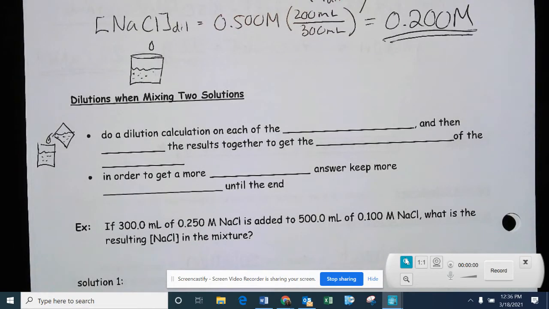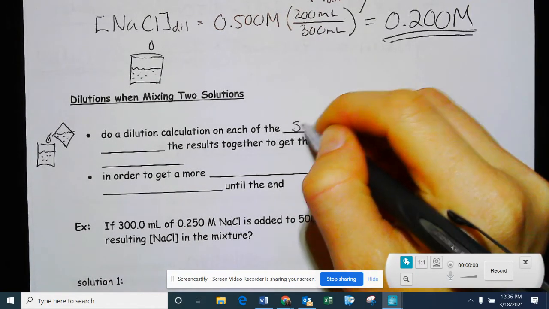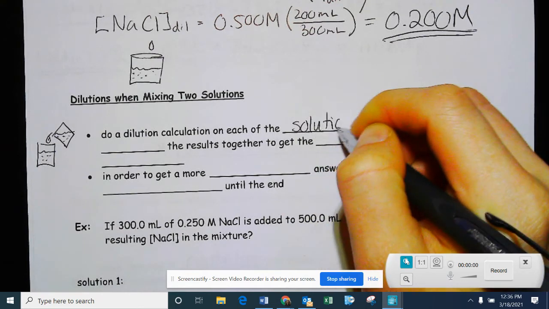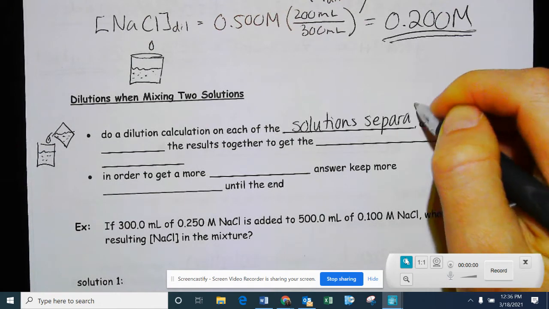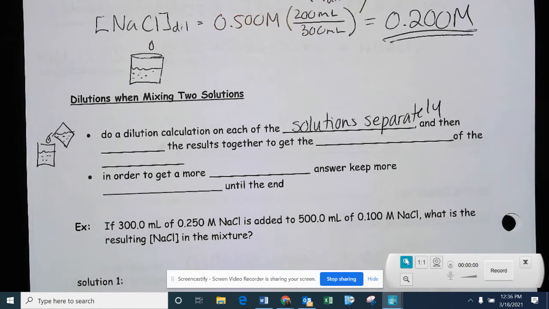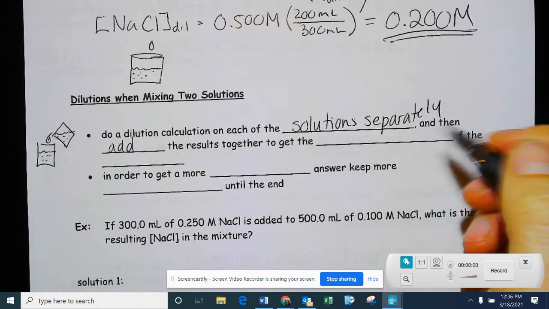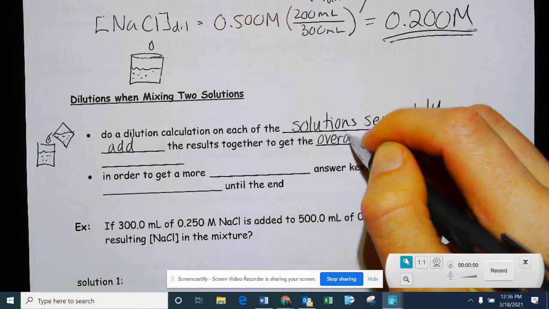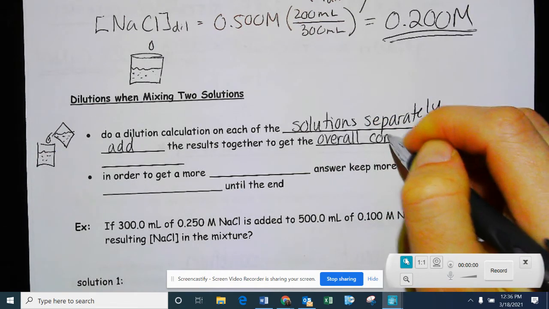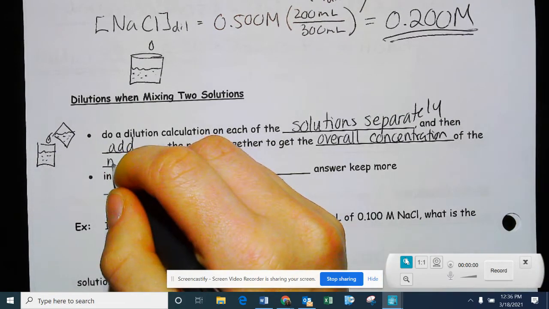Okay, so when you're mixing two solutions, you have to do a dilution calculation of each of the solutions separately, and then you add the results together to get the overall concentration of the mixture.